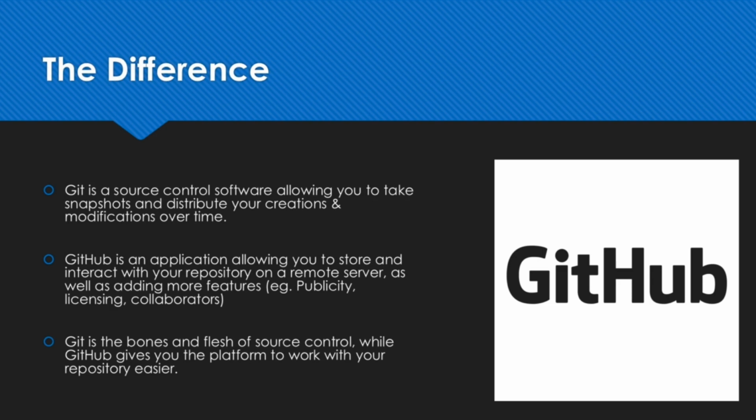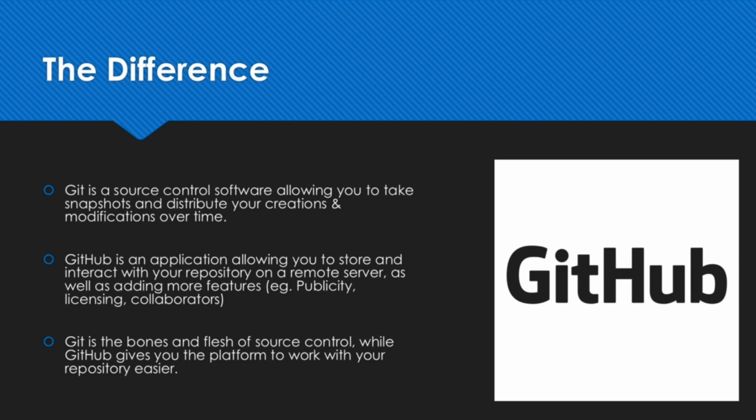Now, if you haven't already identified them, I'm going to give them to you. So here you go. Git is the source control software that allows you to create these snapshots and push them, and it gives you all of the functionality, the backbone, kind of the skeleton of source control.